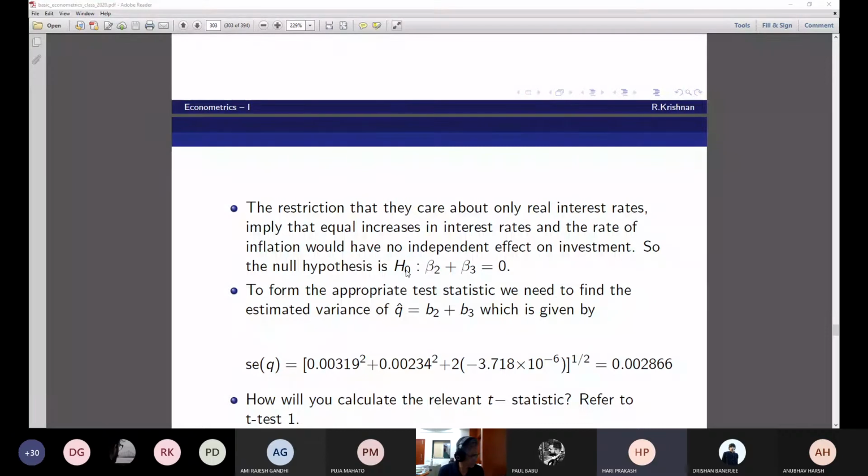Sir, what is the value of T statistic? I could not hear, sir. Do you have the output with you? Refer to t-test 1. T stat, yes, sir. What does it tell you? How did you calculate the t-stat?